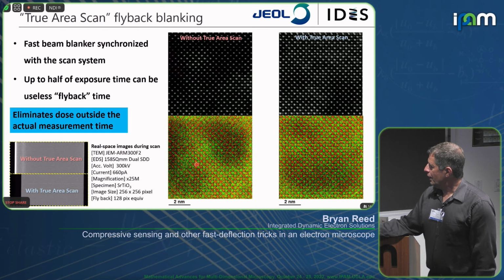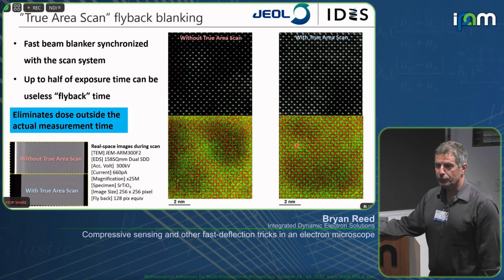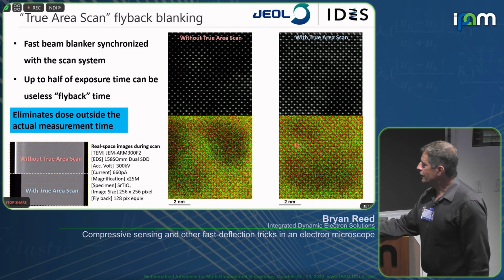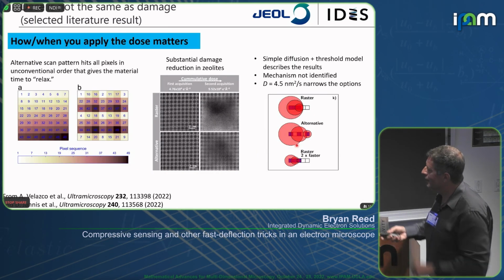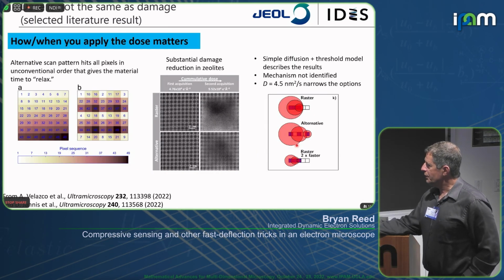So these are equivalent dose. This is on strontium titanate EDX scans, and we're damaging the sample a whole lot when we're not blanking the beam during the flyback, but much less when we're blanking the beam during the flyback. So that's fun. So dose is not the same as damage.